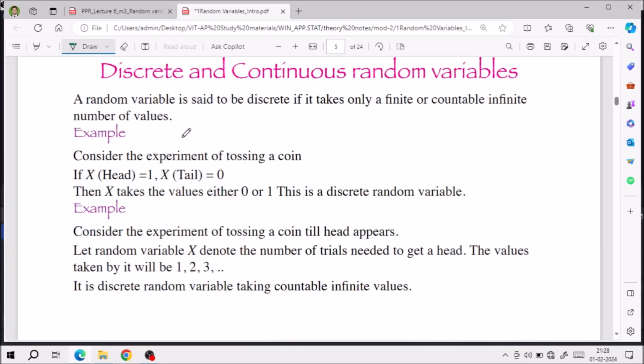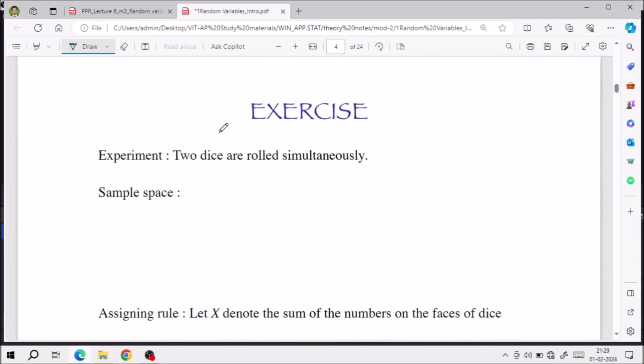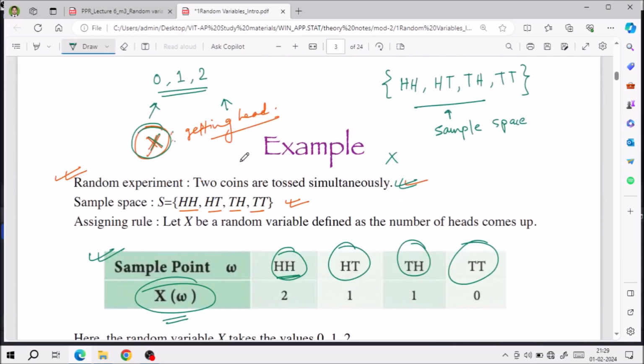Now see, when we are considering random variables, you should immediately have two notions: one is the discrete notion, another is the continuous notion. Discrete means whatever examples we just considered, they are nothing but discrete scenarios.